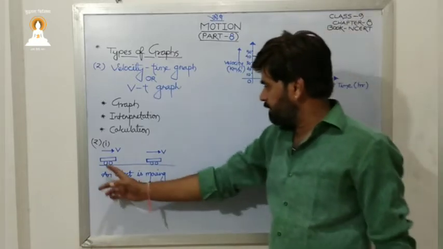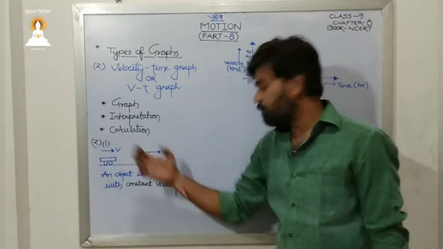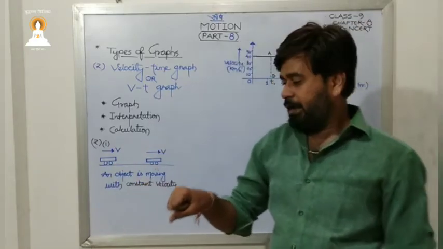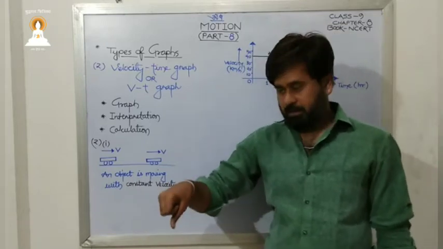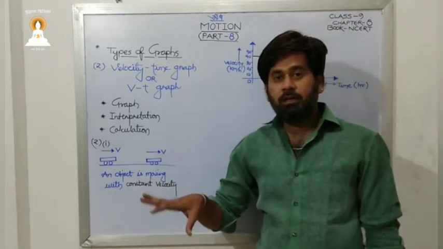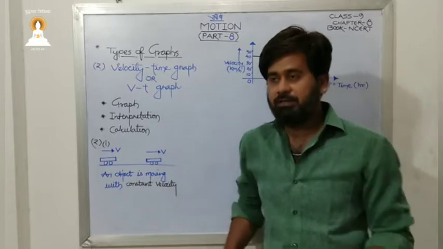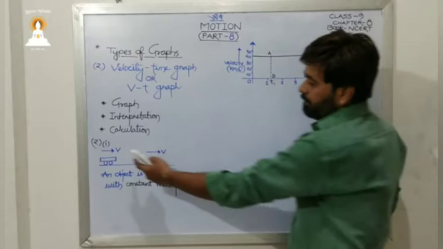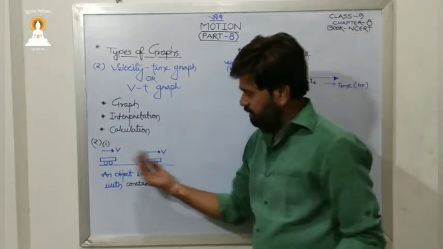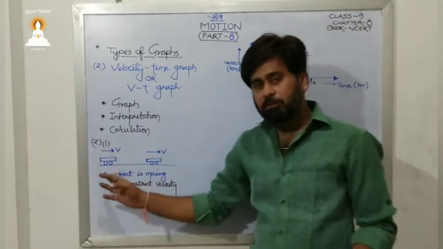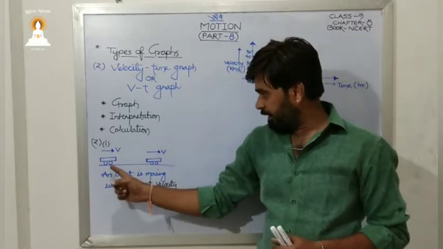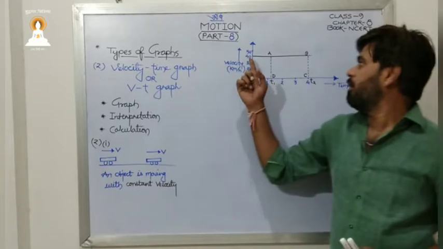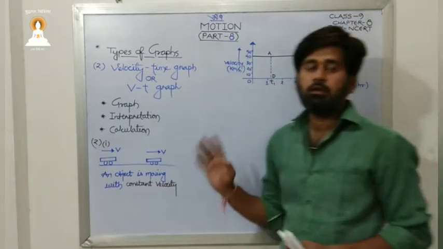Now suppose that the object was moving with a velocity v, constant velocity. Constant velocity means what? Once you had accelerated, after that you did not increase the velocity of that particular bike or whatever it is. Suppose this cart was moving with a velocity of 40, meaning when we observed this particular cart, according to the graph, that cart was having a velocity of 40 km per hour.